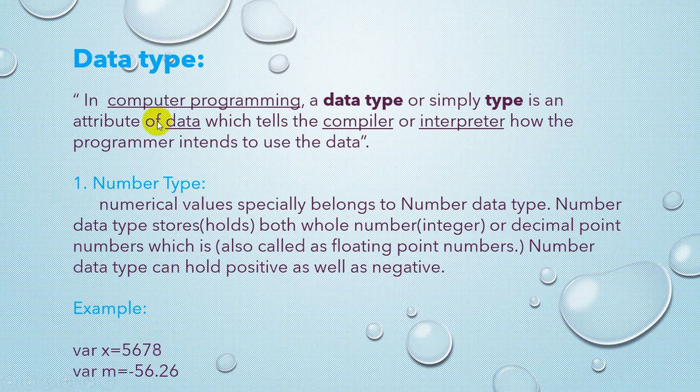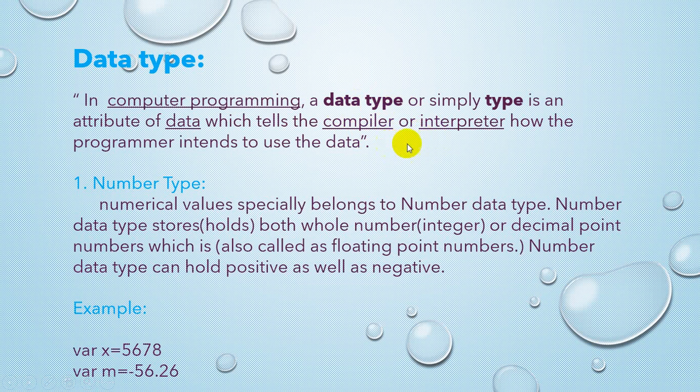So finally we move to our definition: in computer programming language, a data type or simply type is an attribute of data which tells the compiler. In the previous lecture I told you what a compiler or an interpreter is. A compiler or interpreter is a middleman of your computer which converts your programming language into your machine language. Your compiler will check which data type you are using and accordingly convert your value.